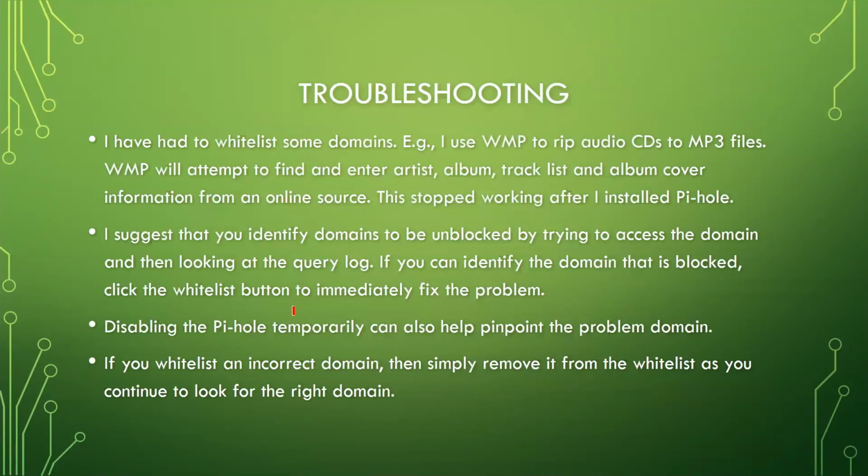I identified that as the Pi-hole, whitelisted it, and that's fine. Again, you can try disabling it temporarily if you need to, and then go through and whitelist various domains that appear to be blocked. If they fix it up, then you can just leave it blocked. If they don't fix it, you can whitelist it or remove it from the blacklist.